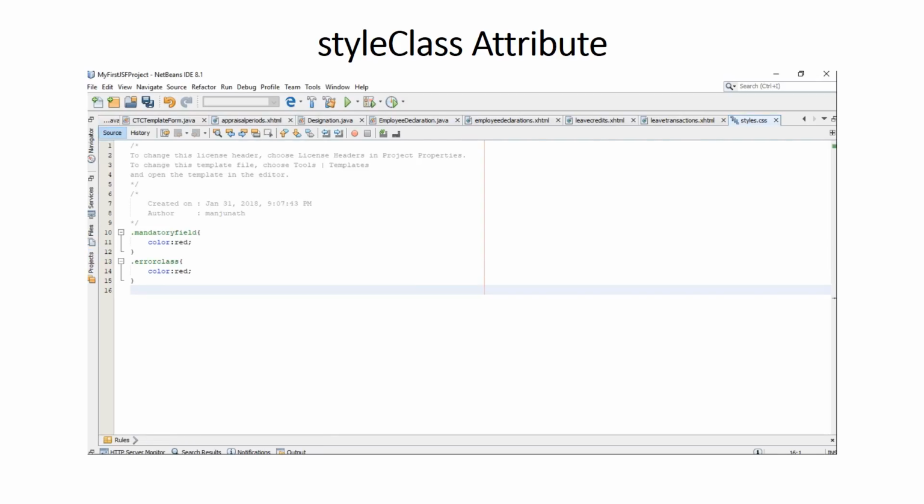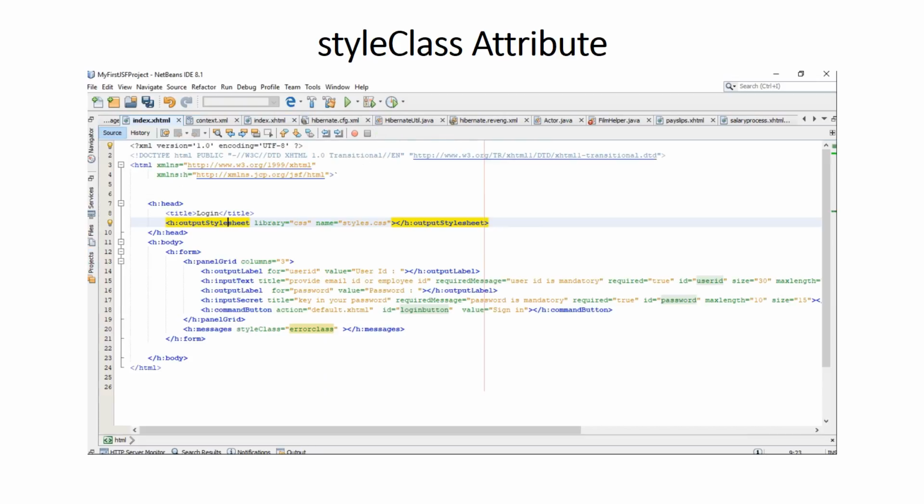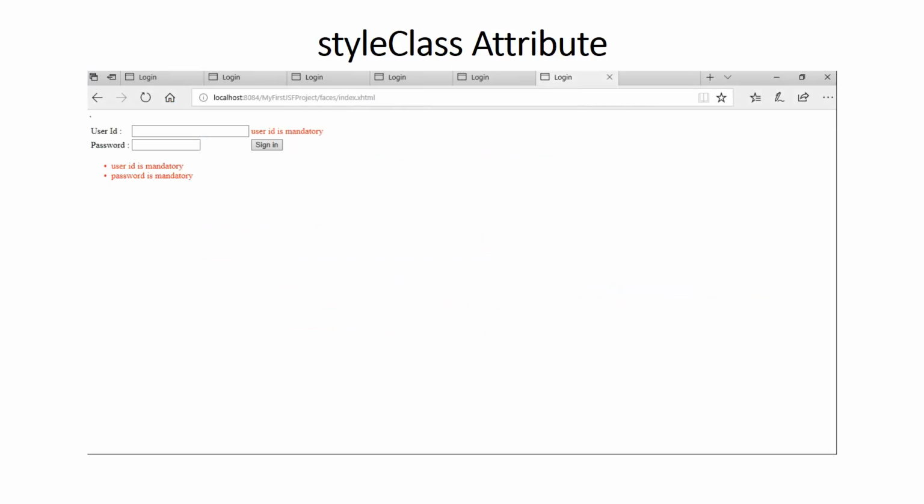Okay, now let's go back to the code, index.xhtml. Then we'll see that messages are displayed in the red color again.